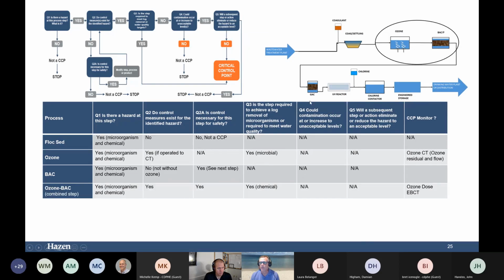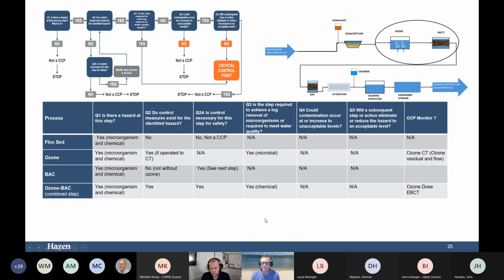Now, if we combine the ozone and the BAC and consider this as a process combined, consider this as a CCP together, then yes, because we have controls and we have monitoring for this process combined, in this case, to remove the risk of some contaminants, some chemicals of concern.